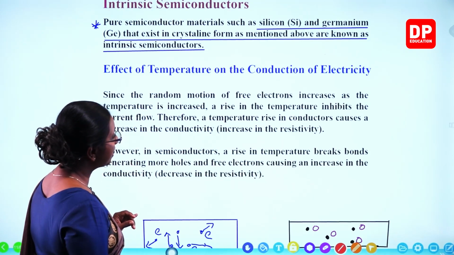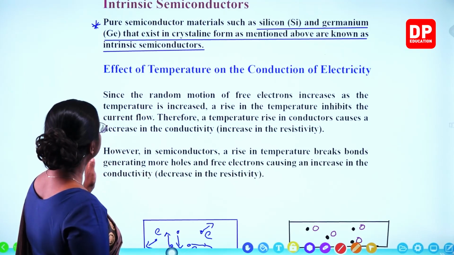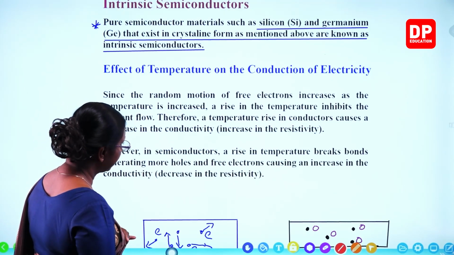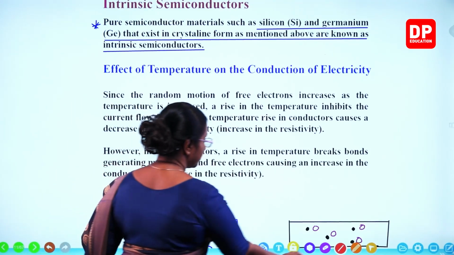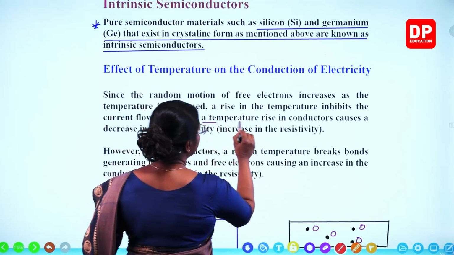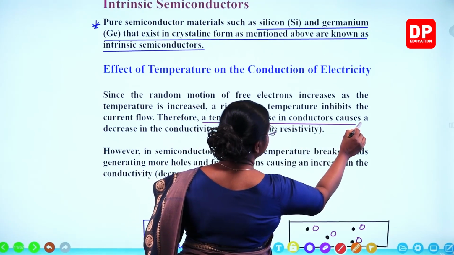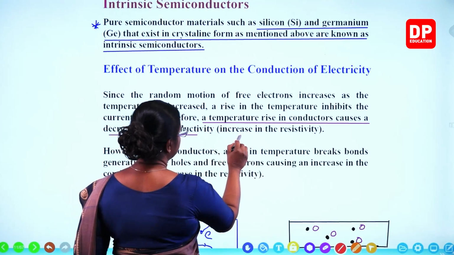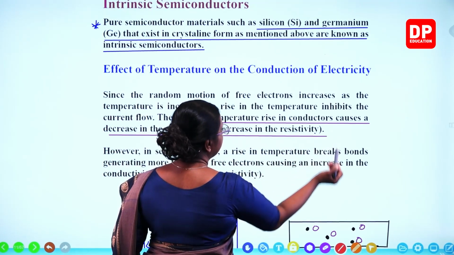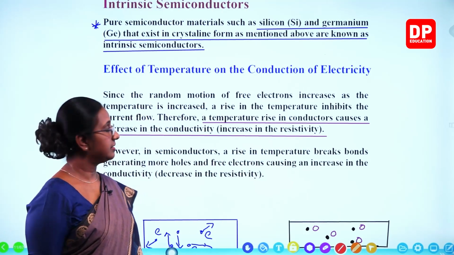Therefore, a temperature rise in conductors causes a decrease in the conductivity, that is, an increase in the resistivity. So that is what you need to remember. A temperature rise in conductors causes a decrease in conductivity and increase in the resistivity.